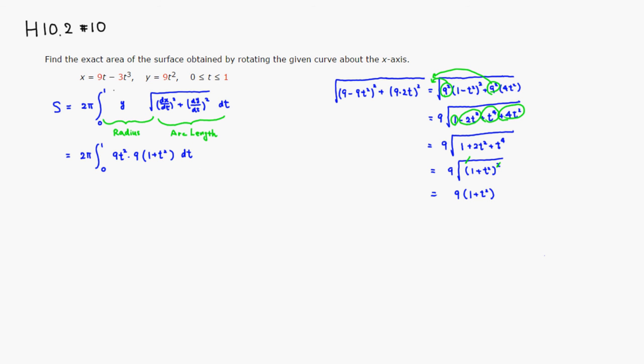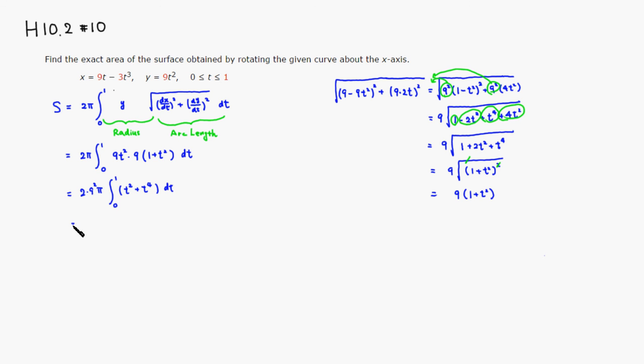Then you have 9 and 9, so it's a big number, so I'm going to just write it as 2 times 9 squared pi. Then let's distribute t squared to 1, you get t squared, and then t squared times t squared gives t to the 4th power.